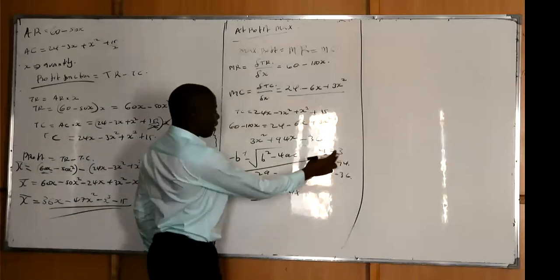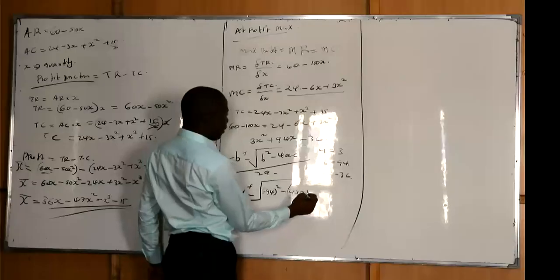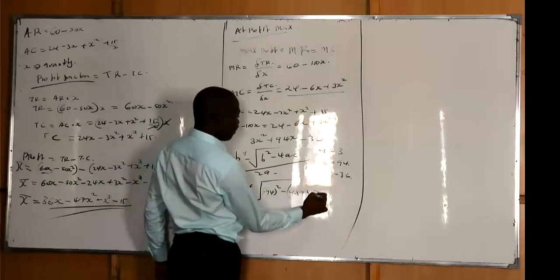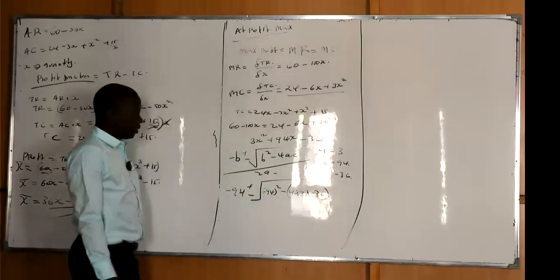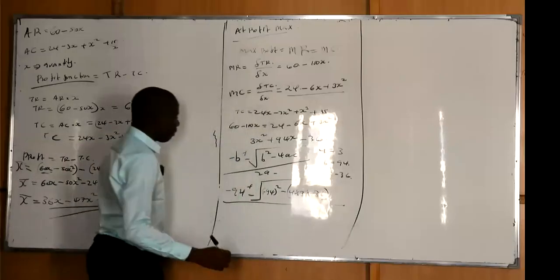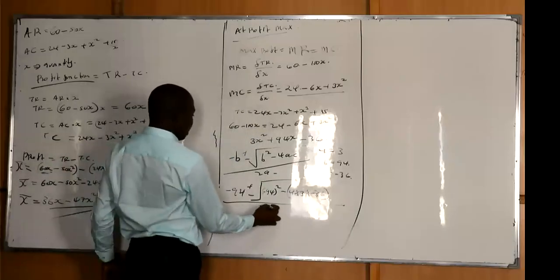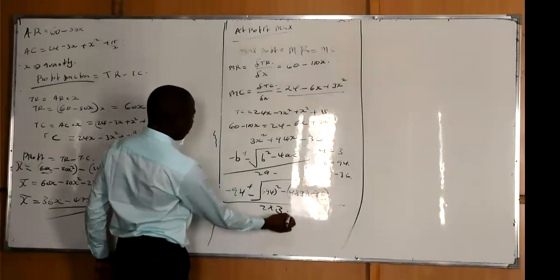For A the value is 3, then the value of C is negative 36, isn't it? You divide by 2A, so 2 times the value of A, which is 3.